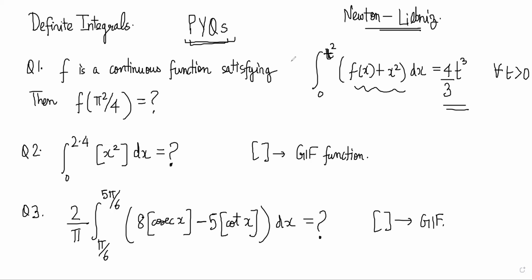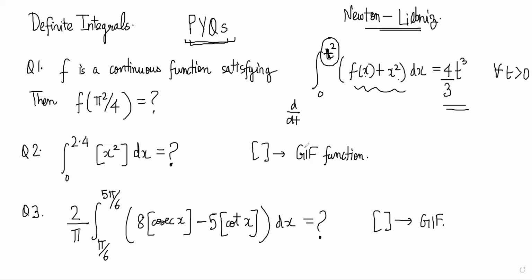So we'll do differentiation with respect to t on both sides. Tell me how to do that differentiation. We multiply f of x into the t square and we divide t square. Not multiply, we substitute t square for x, right?